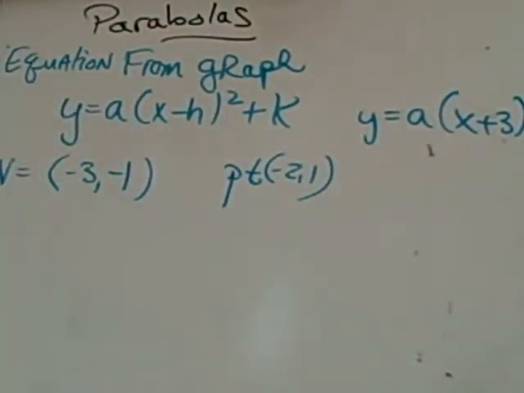Remember when we did the circle earlier and we didn't know the radius yet, but we knew a point on the circle? We could plug in that point and find the radius. If you know a point on the parabola and you already have the vertex, then you can find the A. That's what we're going to do.